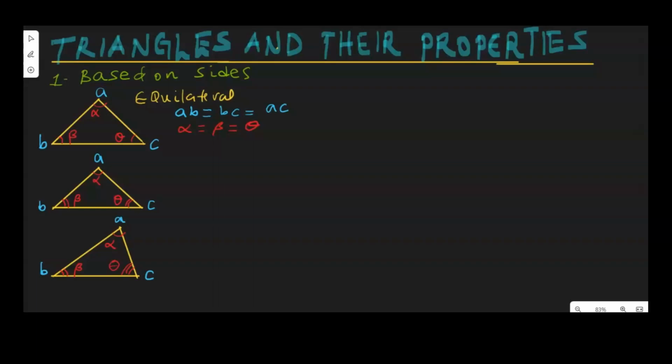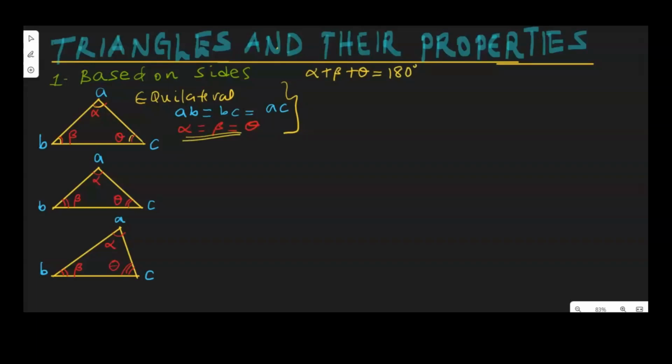To start with, by definition, the sum of the internal angles of any type of triangle is 180 degrees. Alright, let's do this. That means alpha plus beta plus theta must be equal to 180 degrees. In our previous discussion we said alpha is equal to beta is equal to theta.